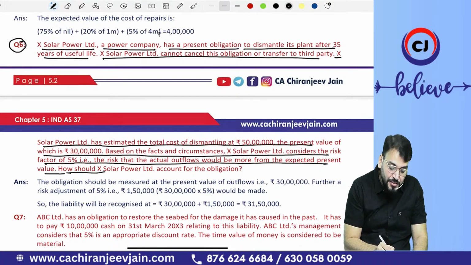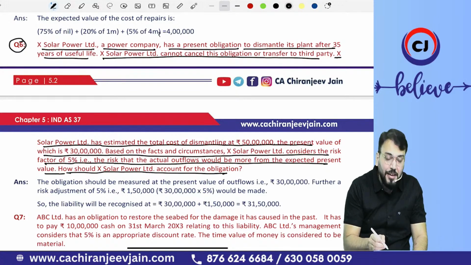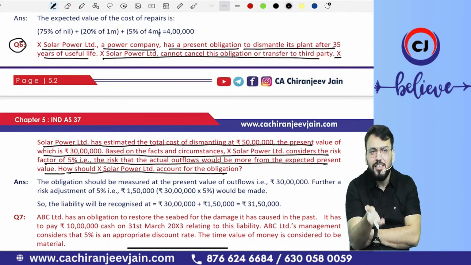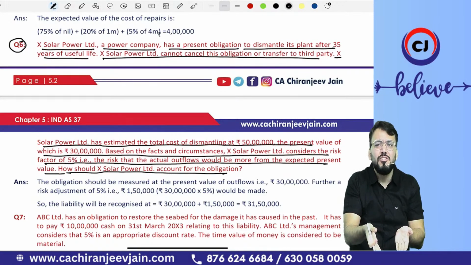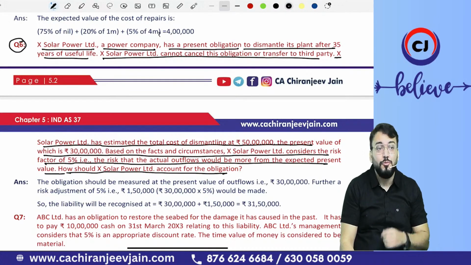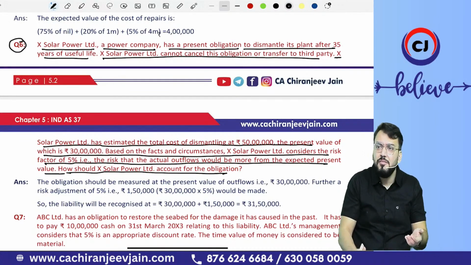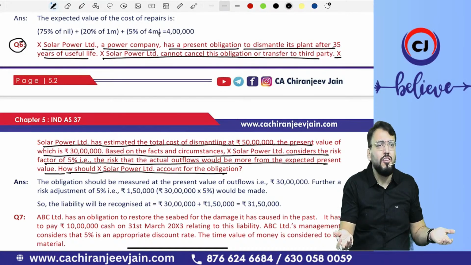How should X Solar Power Limited account for the obligation? Whether this 5% should be adjusted with 50 lakh or 30 lakh. 30 lakh is given in the question only. Now you will say this is a difficult question, or if you have made some mistake because you are not able to understand the information, then I will say it is our loss.